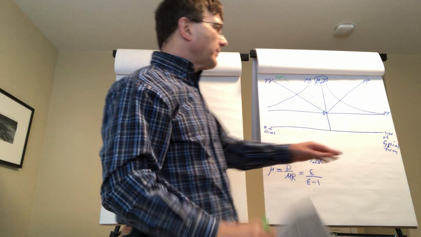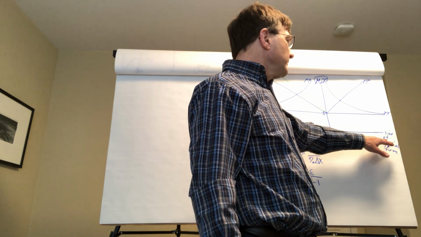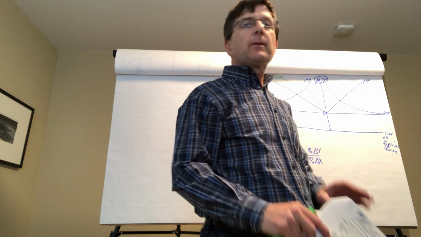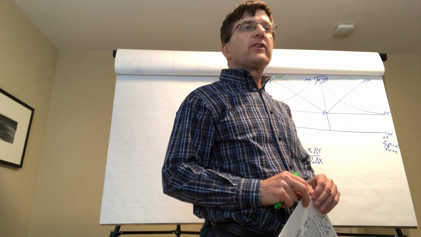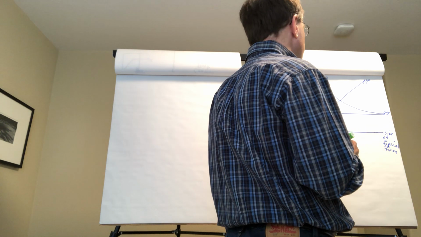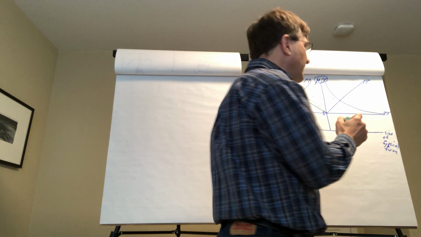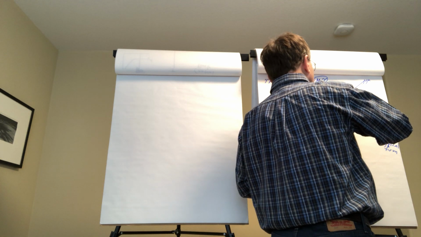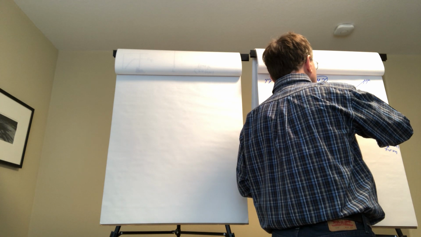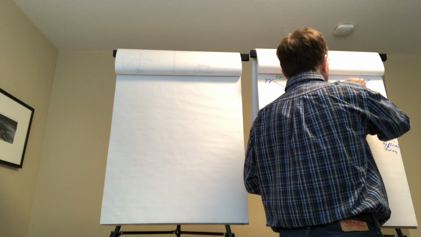But what does happen is, with a smaller overall market, any given size of a typical firm means there's room for fewer firms. And so if you have fewer firms, it's going to mean you set your price higher, and that's a bigger markup over the marginal cost. And so we've got mu prime.